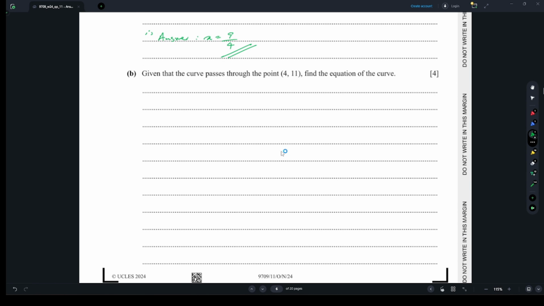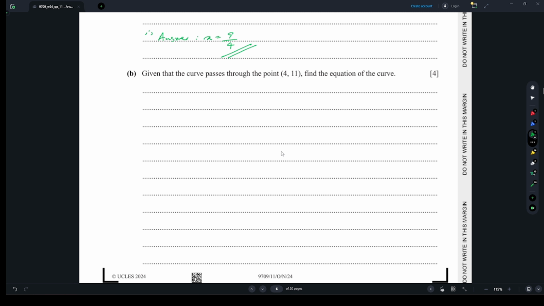Then part B. Given that the curve passes through the point 4, 11, find the equation of the curve. Okay, so in that case, we have to find the equation of the curve. We know the differentiation, dy over dx.